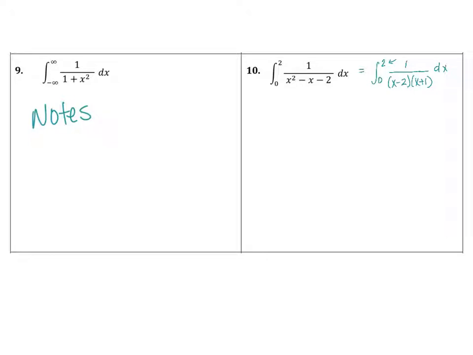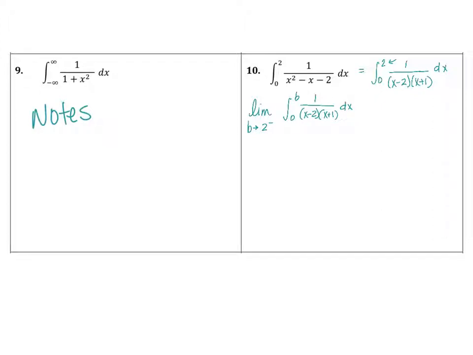So we need to really look at our limit and let that come in from the left side. So we're going to have our limit as b approaches 2 from the left of the integral from 0 to b of 1 over x minus 2 times x plus 1 dx.